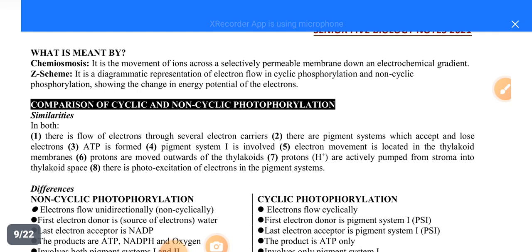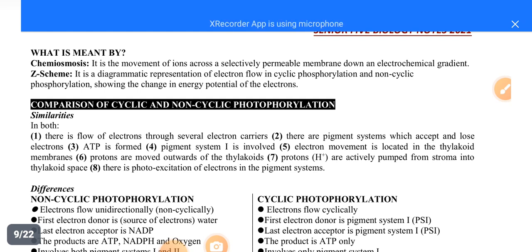Then somebody can ask you again about the Z scheme, the one we have looked at up there. We said that it is a diagrammatic representation of electron flow in cyclic phosphorylation and non-cyclic phosphorylation, showing the changes in energy potential of different electrons.